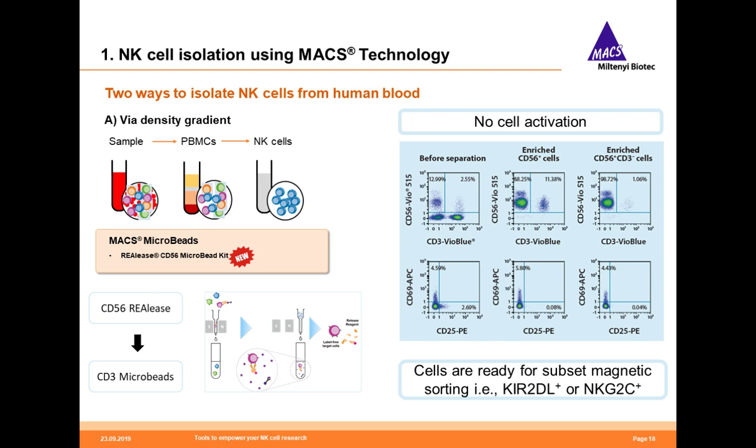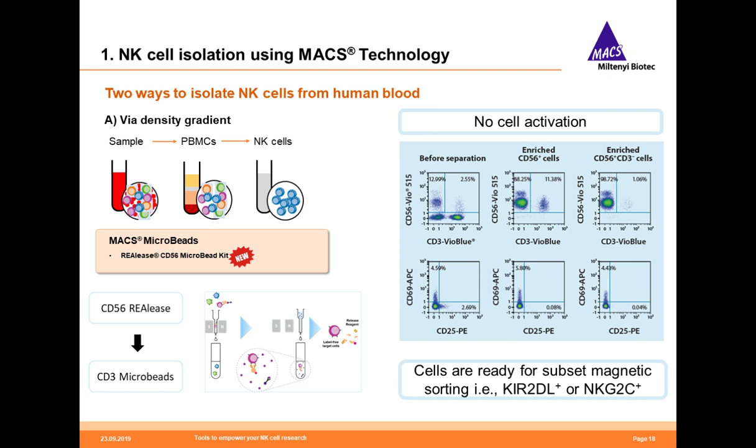You can see in the graph before separation of the PBMCs, the activation markers on the lower row, CD69 and CD25, and you can see that there is a very small percentage of activated cells.